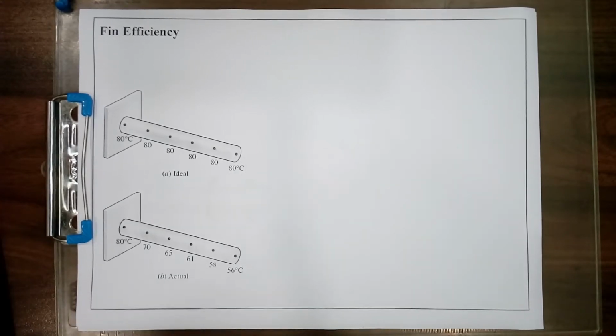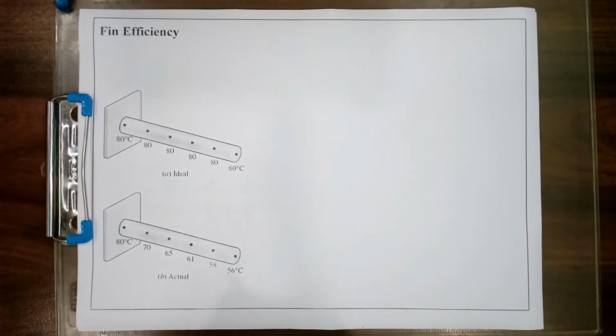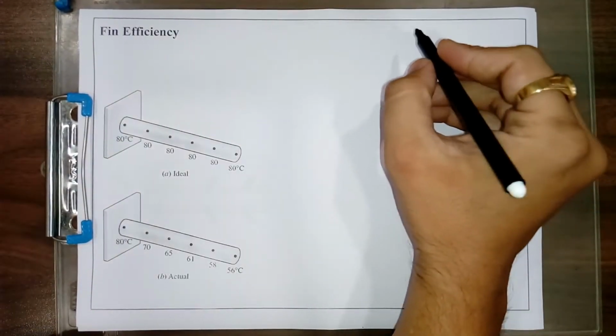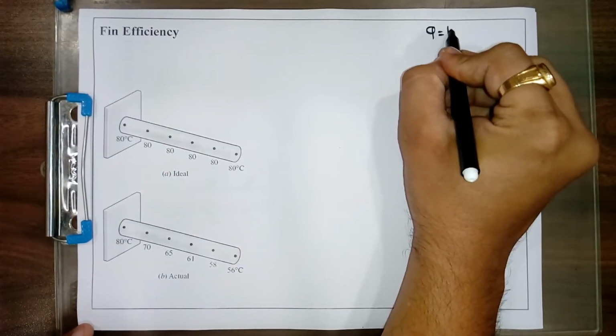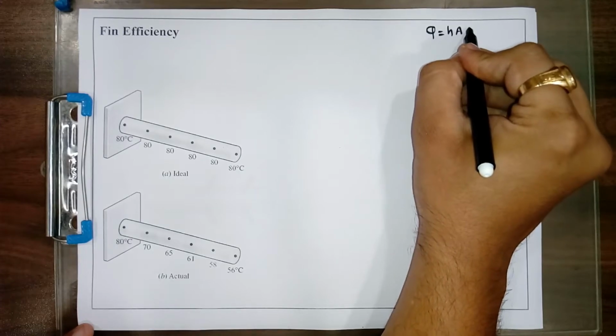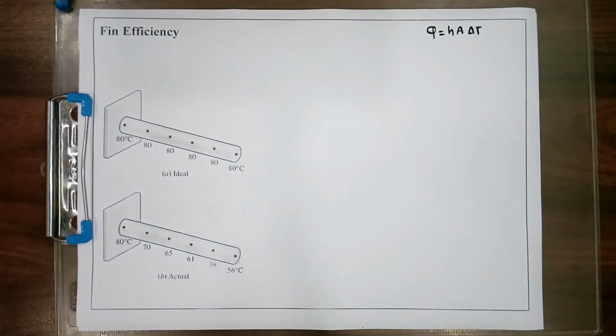The main purpose of applying fins is to enhance the heat transfer. If you remember, in earlier cases we discussed that the heat transfer by convection is q equals h A delta T. If your h is very small and your area is inadequate to remove a larger amount of heat, then we apply the fin.